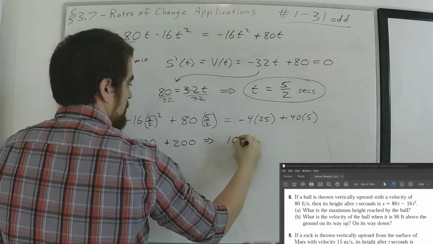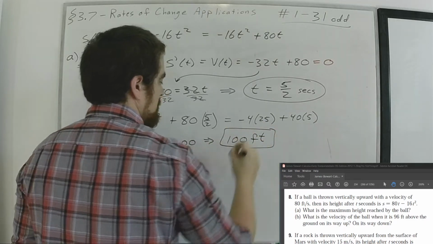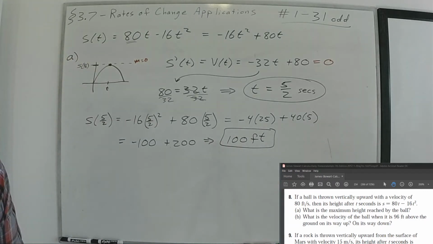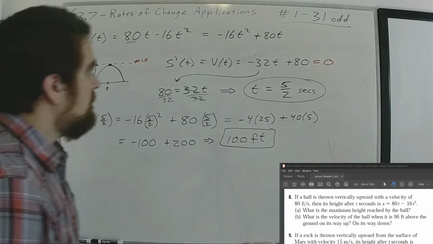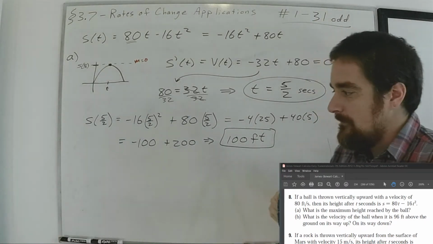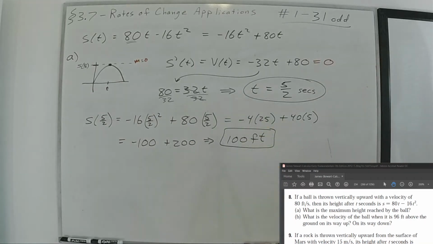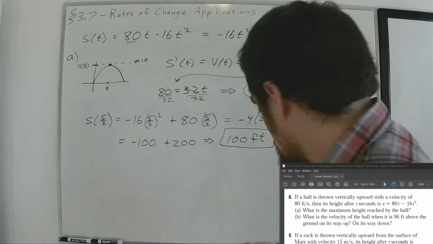So we get 100. And this was in feet, not meters. Although I was going to say meters, but it says feet per second. So this gives us the maximum height. Remember, be careful that the first number that you're getting is when it happens, not what the actual maximum height is. So now we found the actual max height.